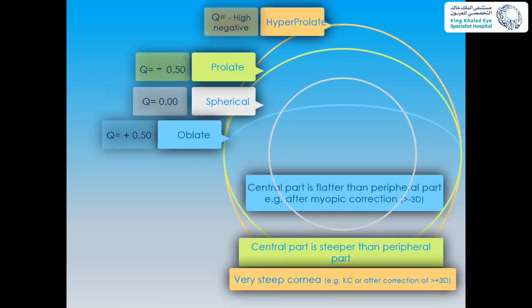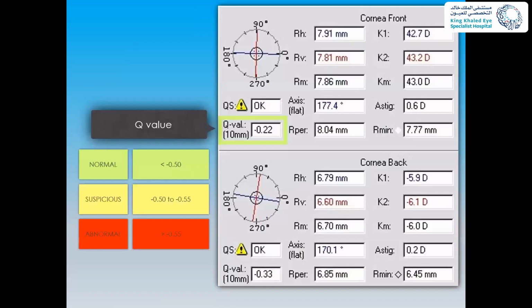If it is really keratoconic, we call it hyperprolate, and it is usually more than -1. Again, this is not a hard and fast rule, but normal is usually less than -0.5. Anything more than that is suspicious, and on its own it does not mean anything.